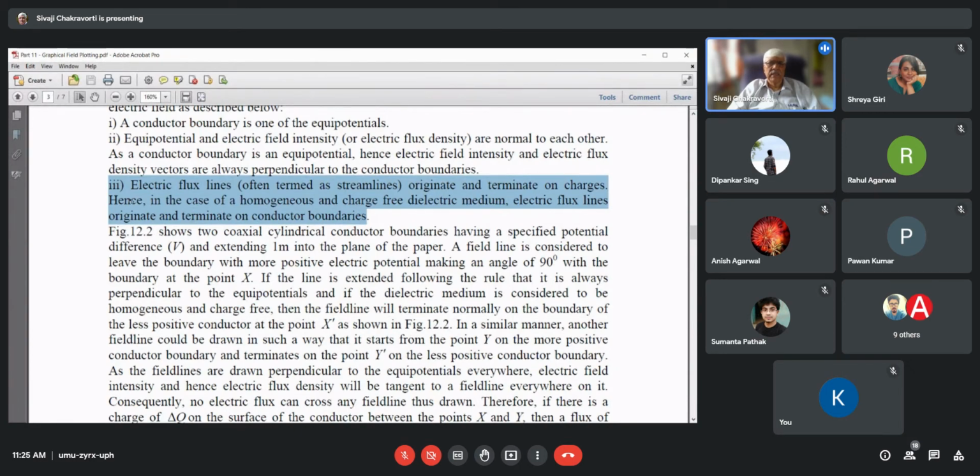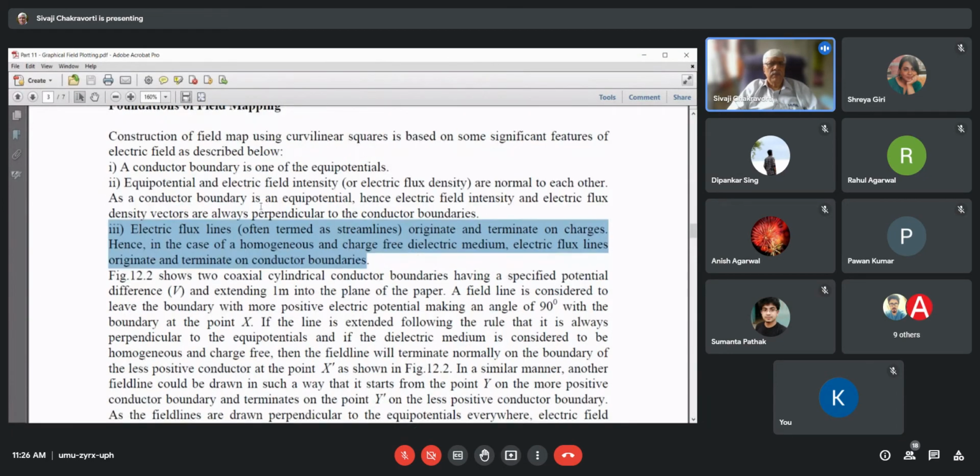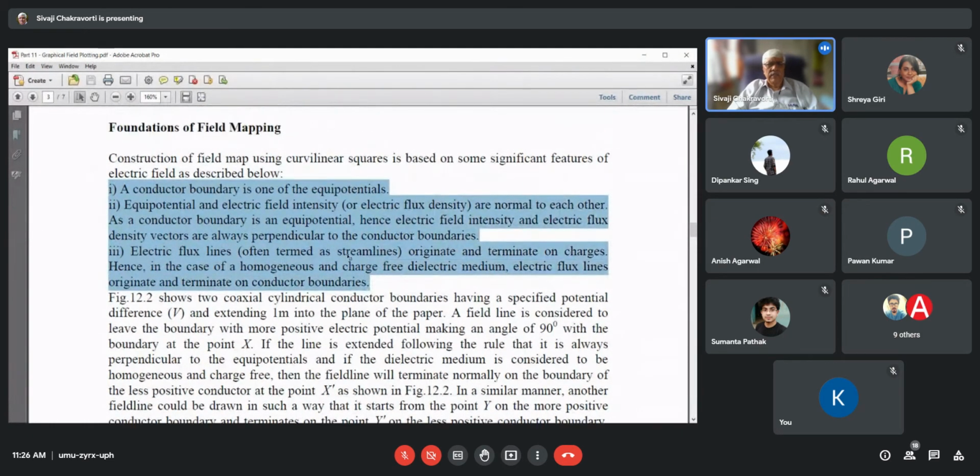Hence, if we consider a homogeneous medium that is charge free, that means within the dielectric there is no charge, we can say that the charges will always be on the electrodes, and therefore the electric flux lines will originate from one electrode and terminate on the other electrode. So based on these three foundations, we go for the field mapping.